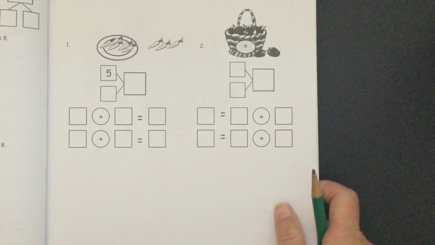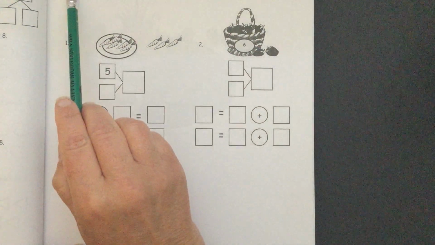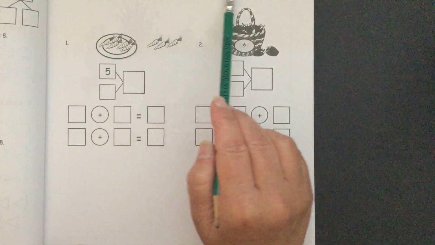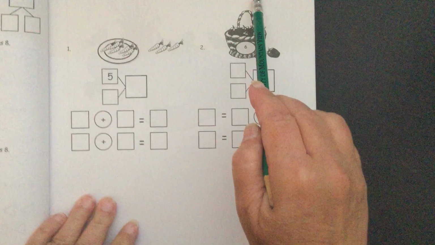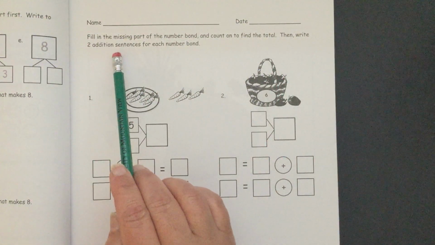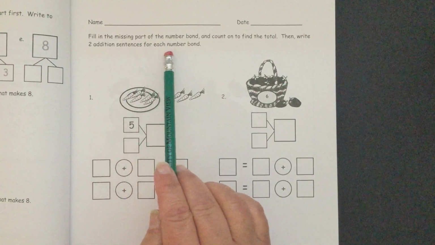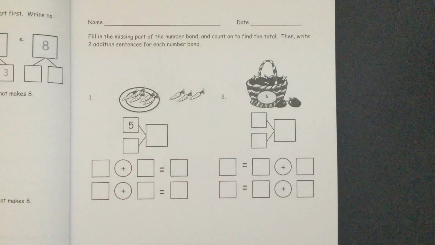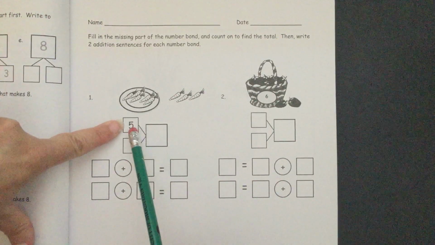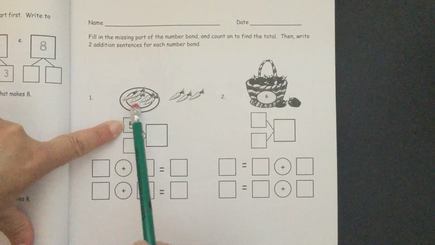Okay, and then for your exit ticket, it says fill in the missing part of the number bond and count on to find the total. Then write 2 addition sentences for each number bond. Okay, so we have 5 here, and we see we have 5 carrots on here.